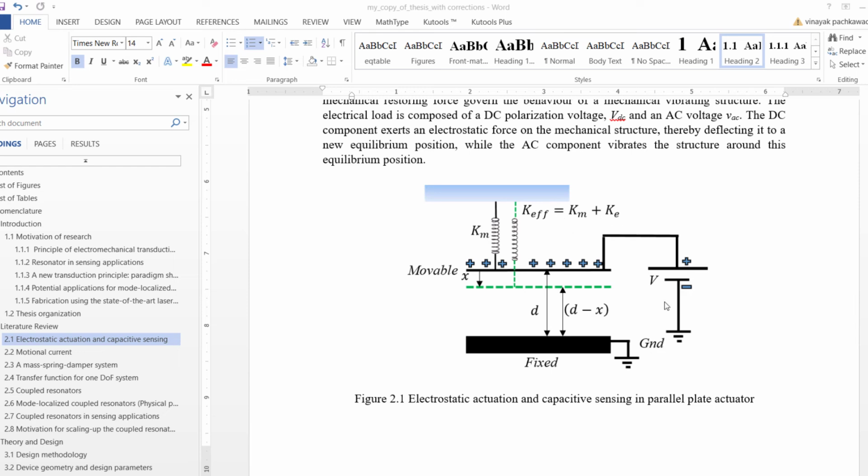So we'll see how to derive an expression for this spring constant of this structure.